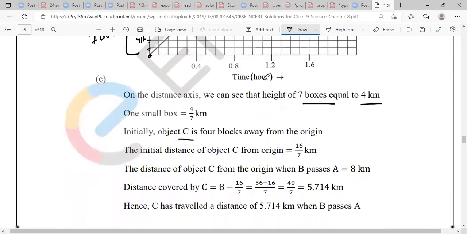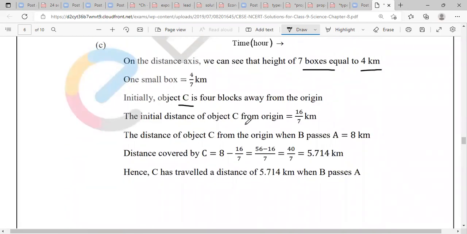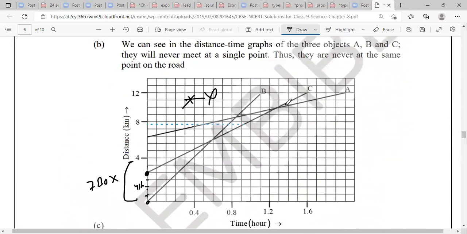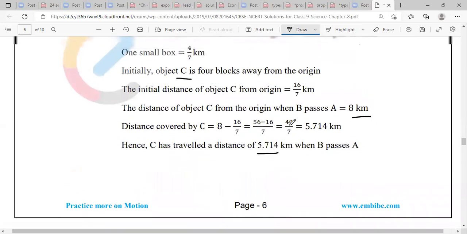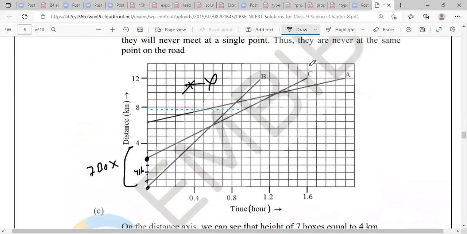The distance of C from the origin when B passes A is about 8 kilometers. This is somewhat complicated, so you don't have to go for it. Just remember that they are at the same place, but according to time, C is 5.714 kilometers away from B. You can see 5 blocks are here. Yes.